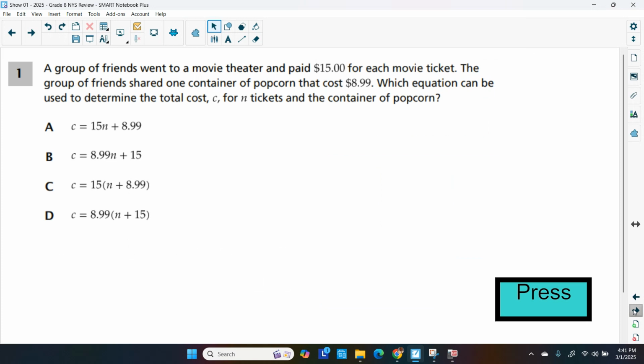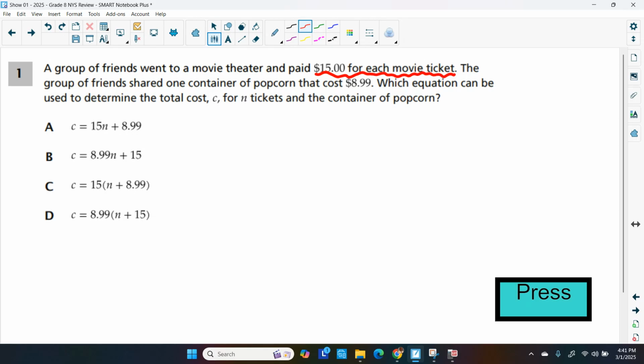All right, let's get going. We have our first question here. A group of friends went to a movie theater and paid $15 for each movie ticket. All right, that's important to know. And let me underline the $15 for each movie ticket.